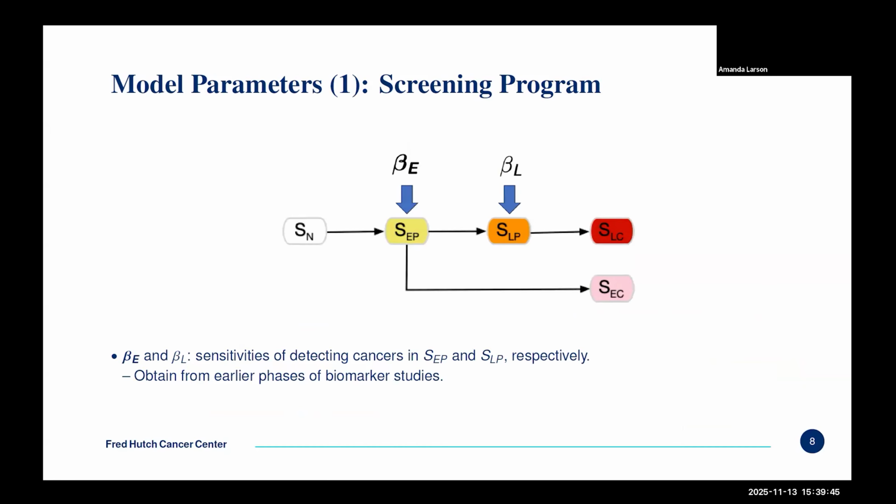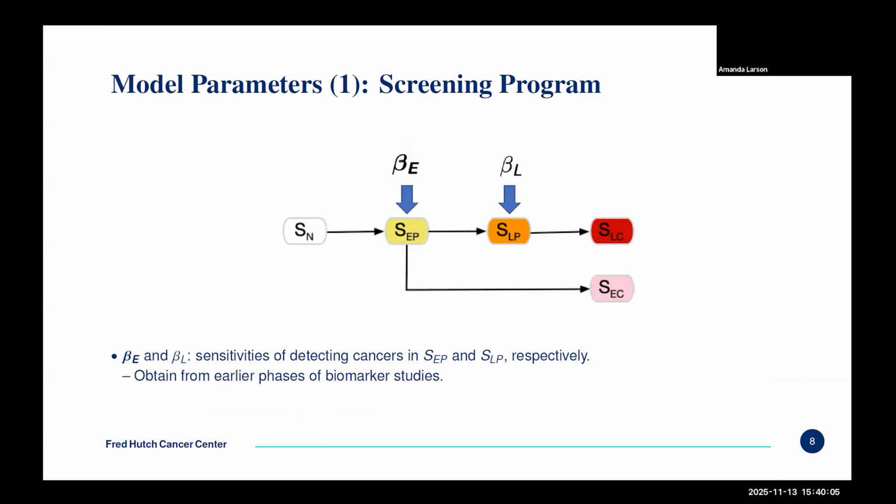And for the model, we consider different sets of parameters. The first one is the parameters for the screening program, where usually we will have the sensitivity for detecting cancers in early preclinical and in late preclinical.